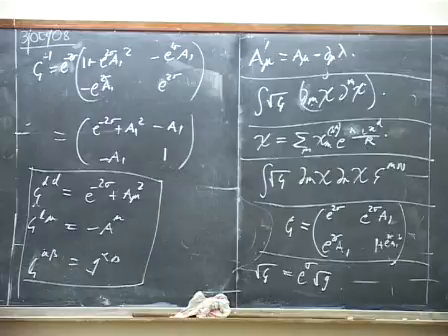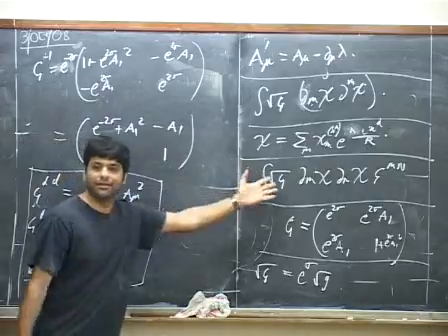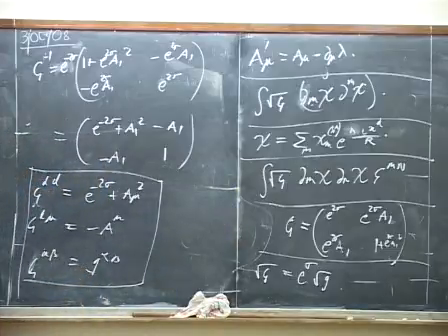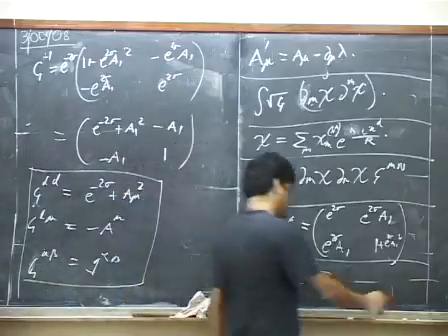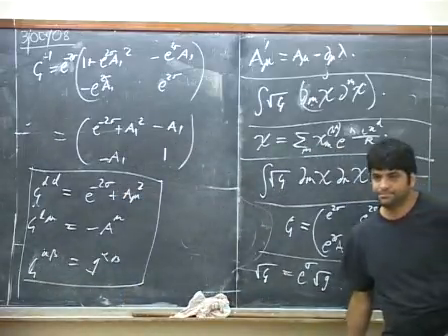Is this clear? It's just an algebraic exercise. I've inverted a metric of the form that we wrote down before. Is this clear?